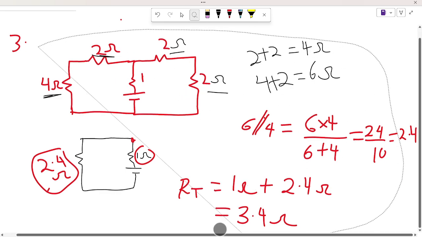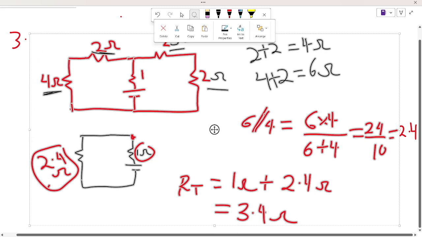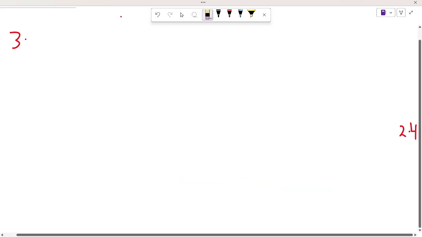Question 4. The next one we are going to look at, let's say our fourth question, is we have our voltage source.